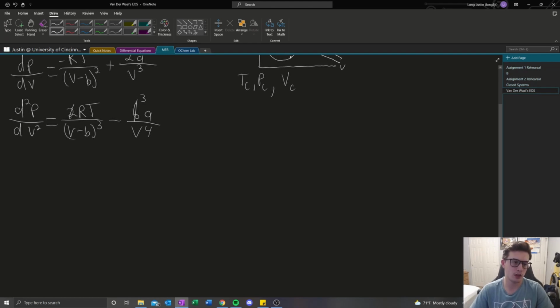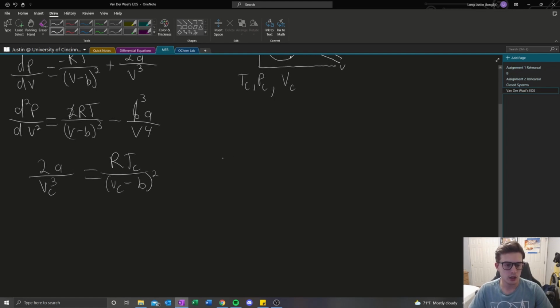So if we set them equal to 0, we end up with 2A over critical volume cubed is equal to R T critical, temperature, over critical volume minus B squared for the first derivative, and then for the second derivative we're going to have RT over (VC minus B) cubed, and we're going to have that equal to 3A over VC to the fourth power.